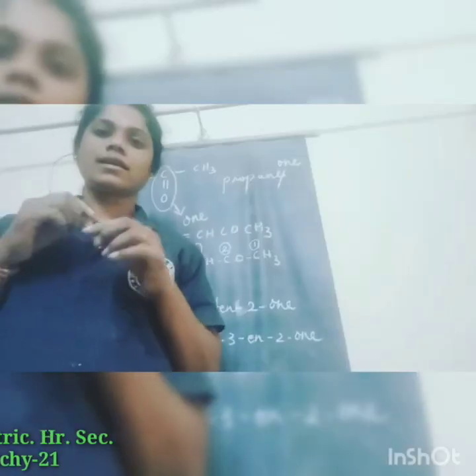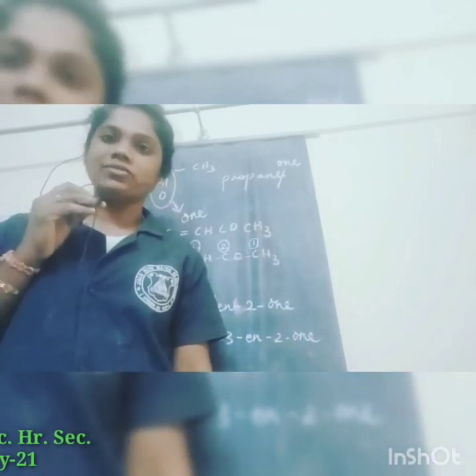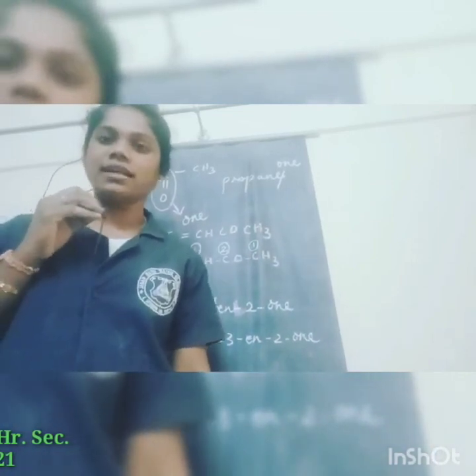So this is 4-methylpent-3-en-2-one. Thank you students. That's all for the nomenclature of aldehydes and ketones.